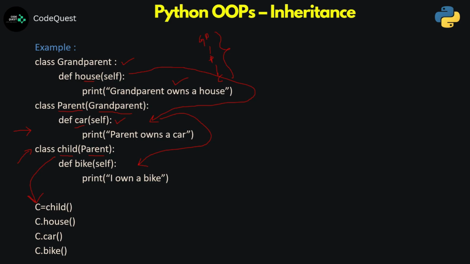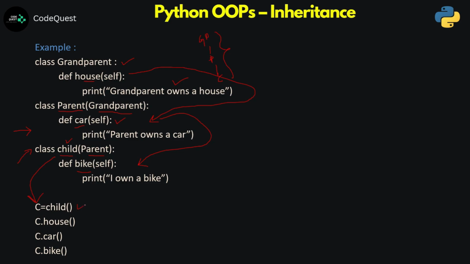Now these two methods will be made available to this child class because the child class is derived from this parent class. So I can say that the child class now contains a bike method which is its own, the car method which is taken from the immediate parent class, that is parent, and the house method which has been taken indirectly from the grandparent class.